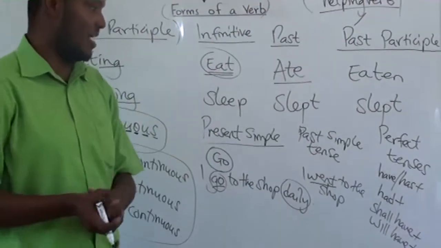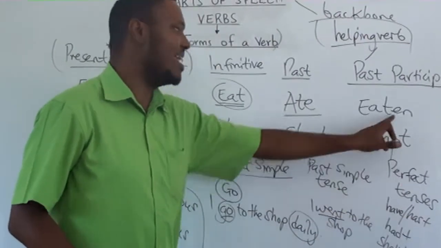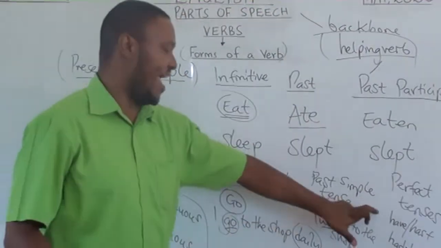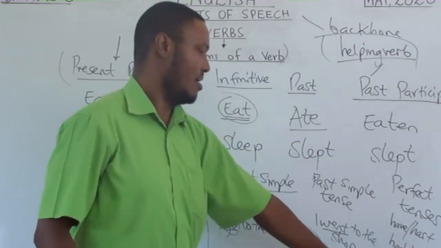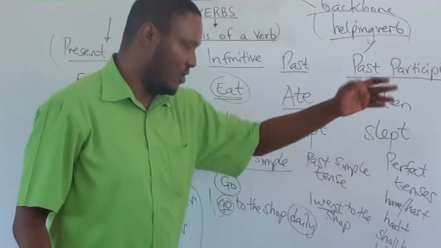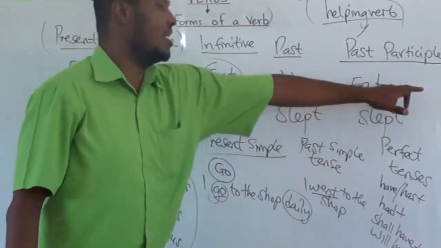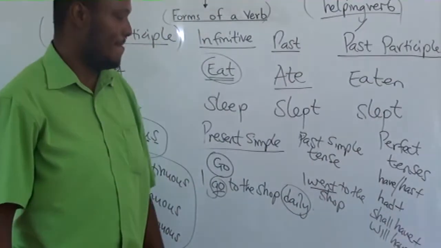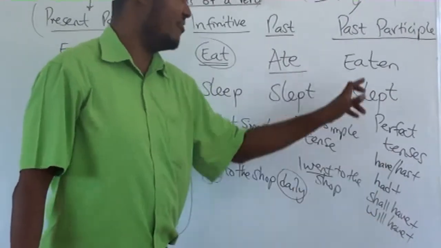So for example, you can say, he has eaten his food. They have slept. In the past perfect, you'll say he had eaten. He had, plus the eaten. In the future, you'll say he will have eaten.